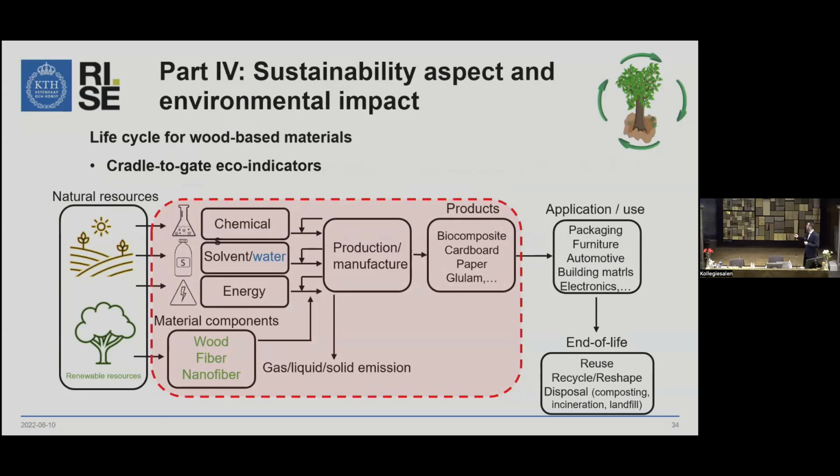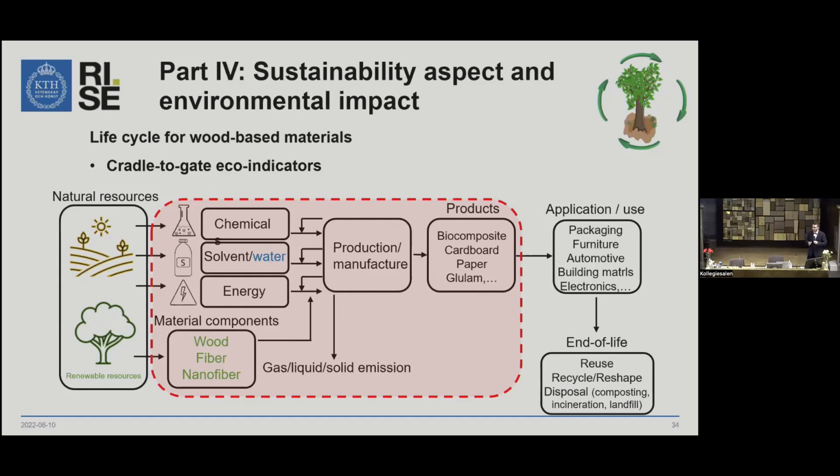And then these all go into production and manufacturing stage, and then they can make up different products. And then they will go into application and use phase for different uses. And finally, there will be end-of-life scenarios like reusing, reshaping, recycling, or whatever.